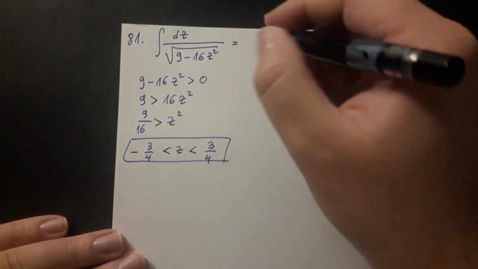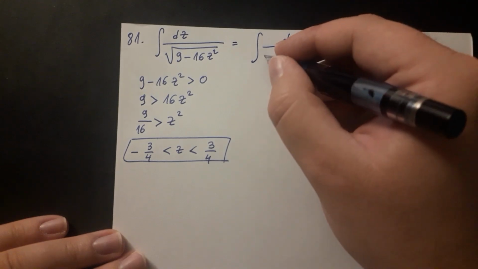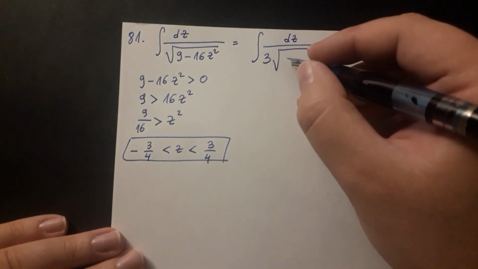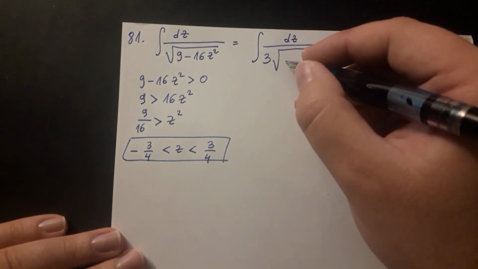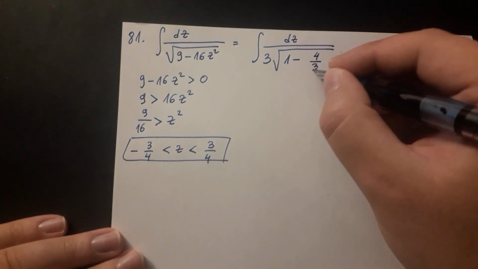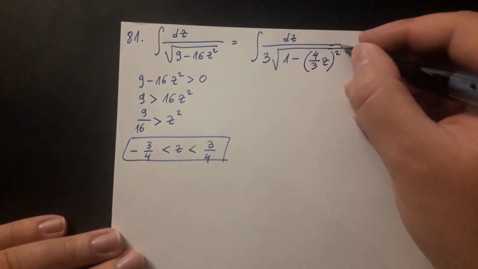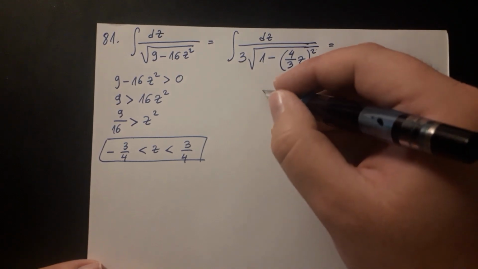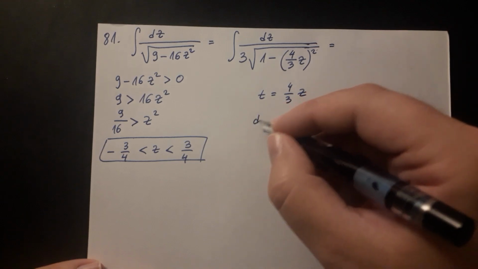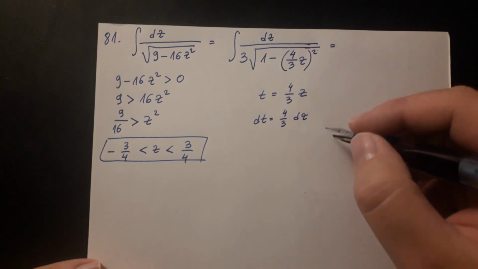So this integral can be written as an integral of dz divided by, we can take 3 outside of the square root, and the square root then transforms into 1 minus 16 is 4 divided by 3 z, and that entire part is squared. We can now introduce a substitution that t is equal to 4/3 of z, and then differential of t is equal to 4/3 of differential of z.